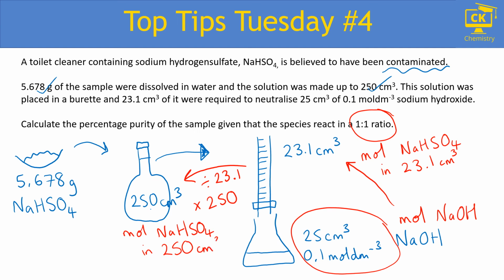That is the number of moles in my 5.678 grams, and remember, not all of that 5.678 grams is NaHSO4, so then I would times it by the Mr. That would get me the mass, which should be less than 5.678 if I've done it correctly, and from that I can then work out a percentage purity.